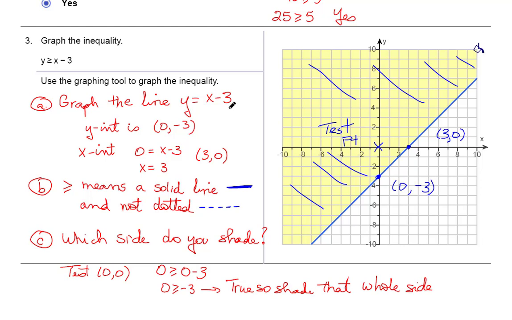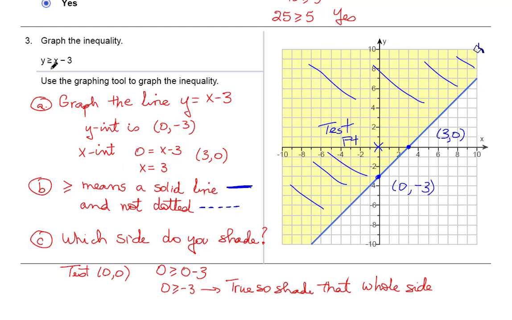Well, I know that the y-intercept is here at minus 3. What about the x-intercept? Well, I could find that easily, setting y to 0. I get x is 3. So my line is crossing at 3, 0. So here's what my line looks like.